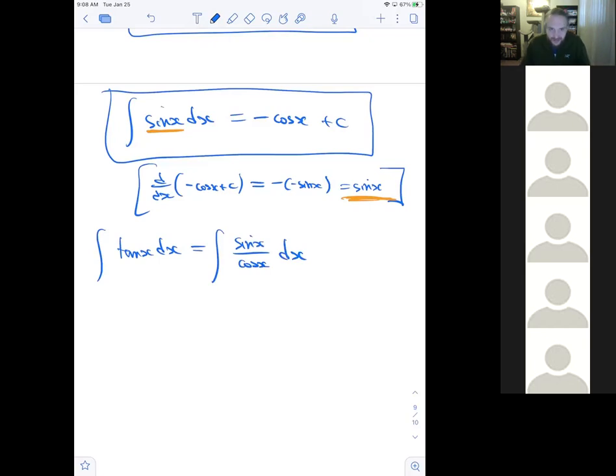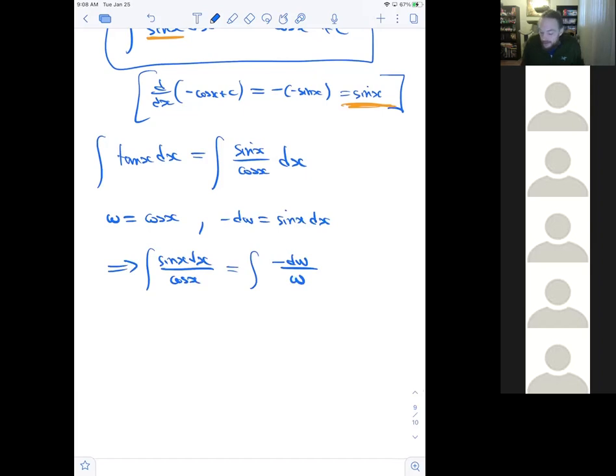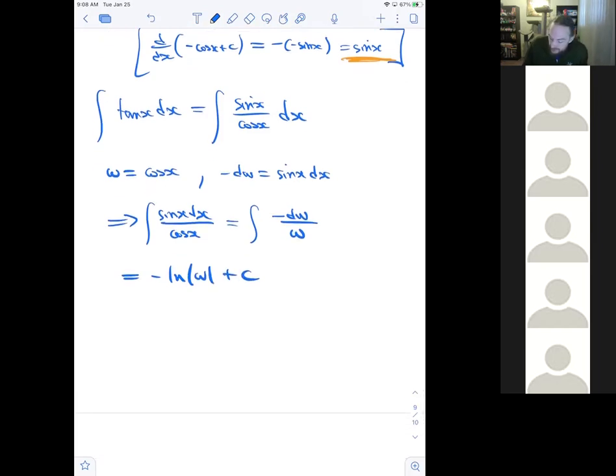Do I have a function and its derivative? Yes, essentially I do. I'm going to let w equal cos x, then negative dw is equal to sine x dx. That tells me that the integral of sine x dx over cos x is equal to the integral of negative dw over w, which is equal to negative the natural log of the absolute value of w plus c, which is equal to negative the natural log of the absolute value of cos x plus c.